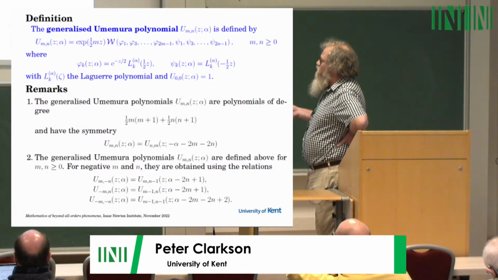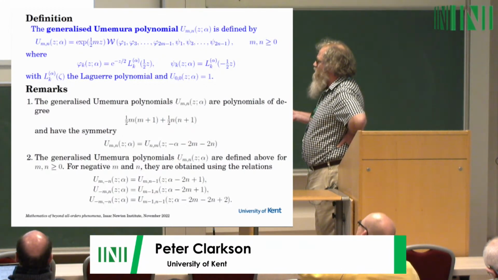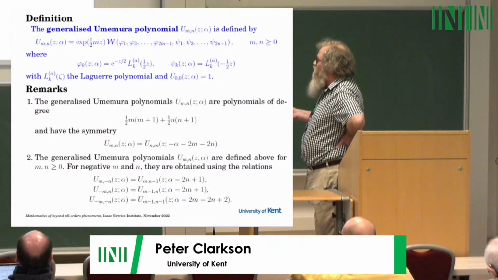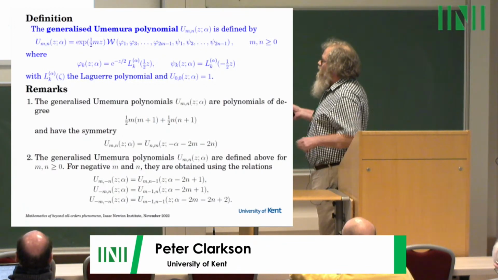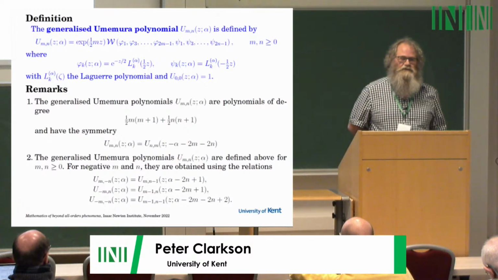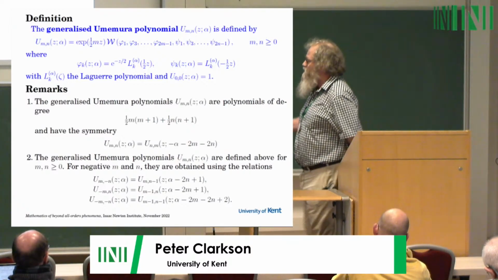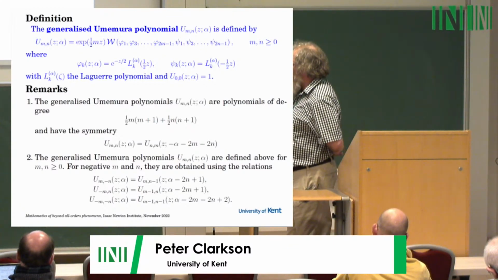Now these have degree a half m(m+1) and a half n(n+1), and they have various symmetries involved in this parameter alpha. The definition here is just given for m and n both positive integers. You can extend it to negative integers using these relations here as well.